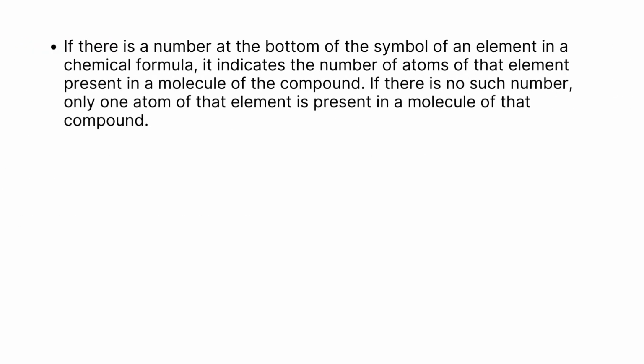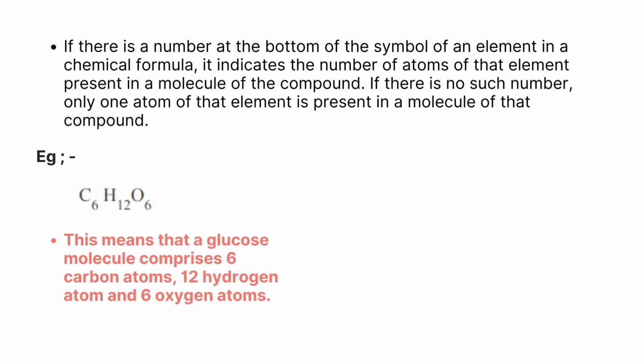If there is a number at the bottom of the symbol of an element in a chemical formula, it indicates the number of atoms of that element present in a molecule of the compound. If there is no such number, only one atom of that element is present in a molecule of that compound. For example, the chemical formula of glucose is C6H12O6. This means that a glucose molecule comprises 6 carbon atoms, 12 hydrogen atoms and 6 oxygen atoms.